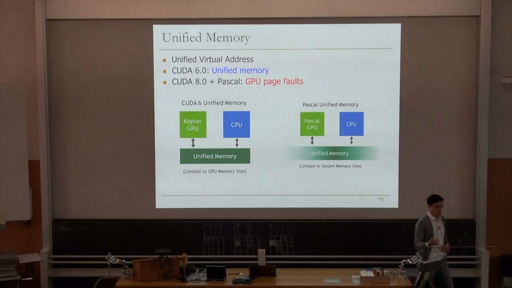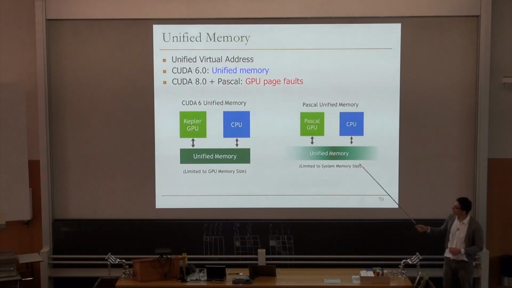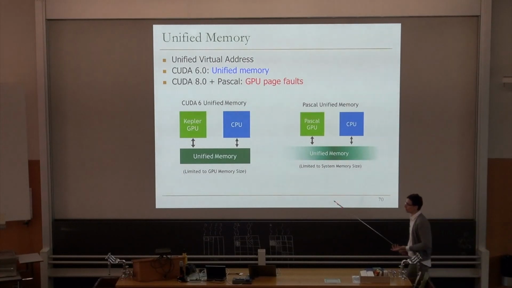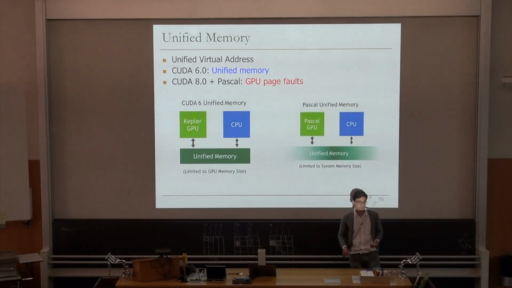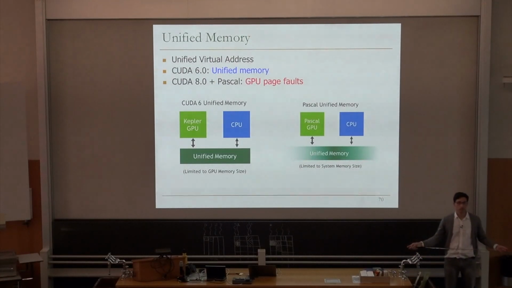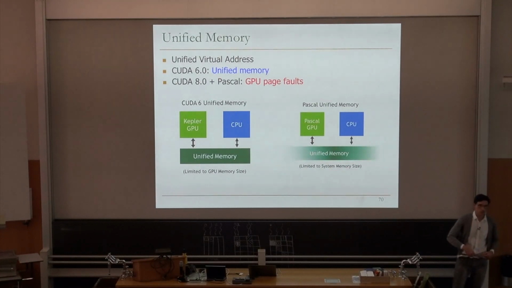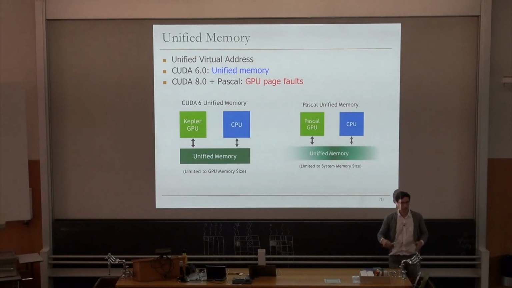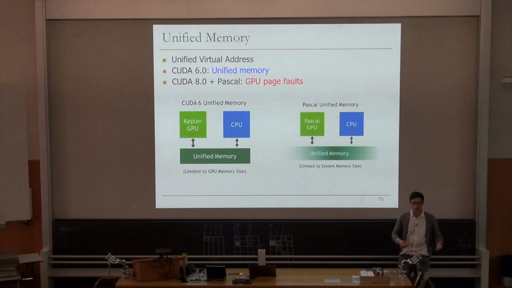The benefit of this is, first, that programming is easier, same as in the original unified memory. Second, that we are no longer limited to the GPU memory size. This is especially important in current computing systems because of the era of big data, where we use huge amounts of data to, for example, train neural networks or analyze graphs from social networks.